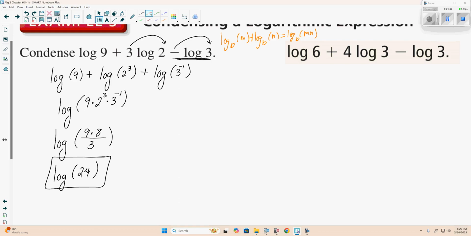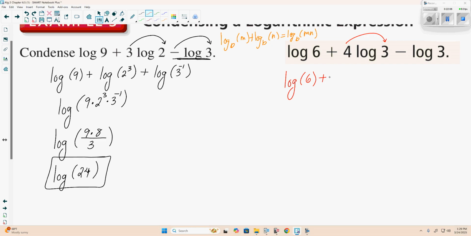Log of 6 plus 4 log of 3 minus log of 3. Well, log of 6 doesn't have any numbers in front to be put back as exponents, so it's good. Plus 4 log of 3.